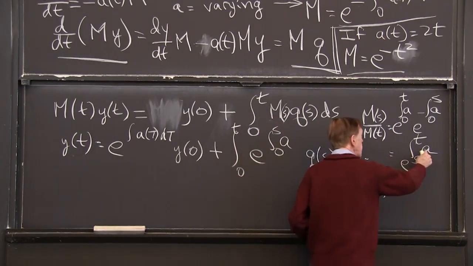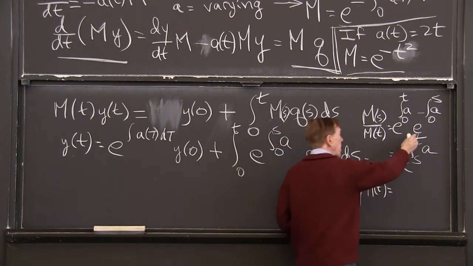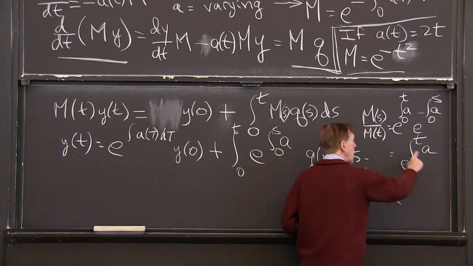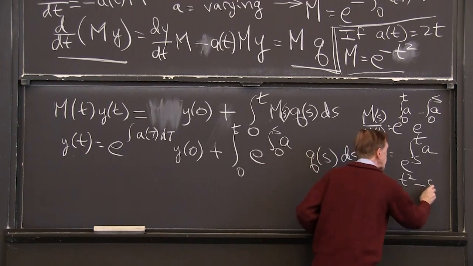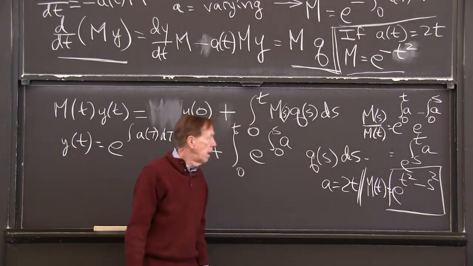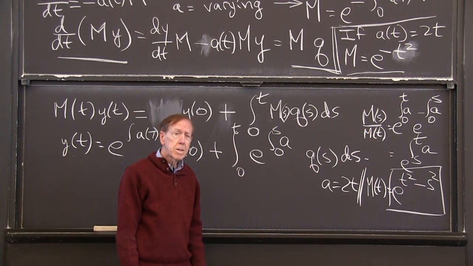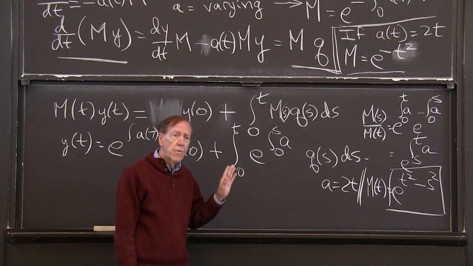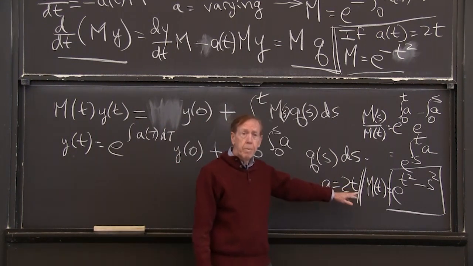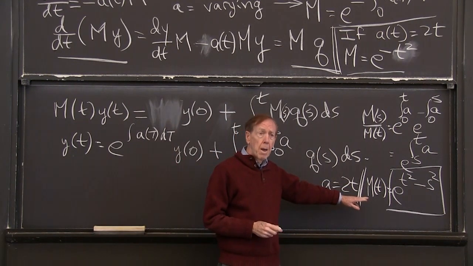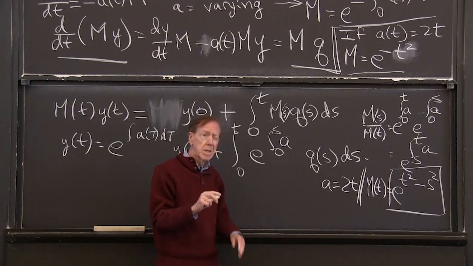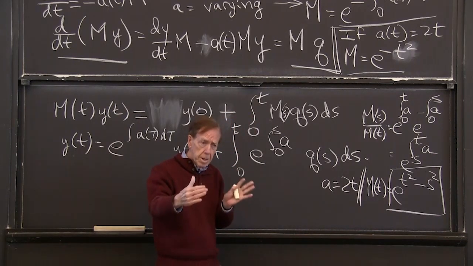So the integral of 2t is t squared, is e to the t squared, and I subtract the lower limit s squared. That's the growth factor. That's the growth factor from time s to time t. When a was constant, that exponent was just a times t minus s. That told us the time.